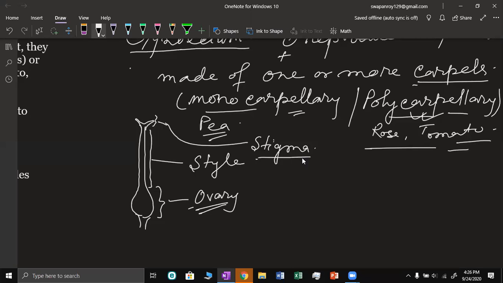Stigma is the receptive organ. It receives pollen grains.